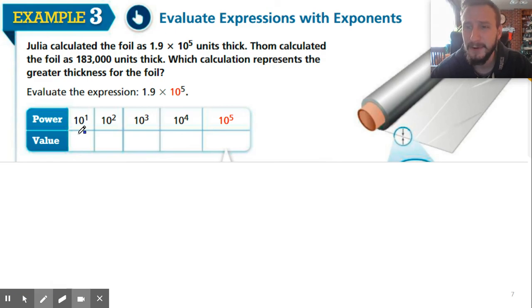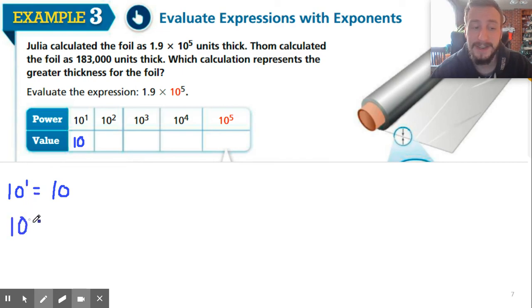Well, what's 10 to the 1st power? 10 to the power of 1 is just 10 multiplied by itself one time, so 10 to the 1st power is 10. Okay, so far so good. 10 to the 2nd power, written in expanded form, is 10 times 10. Well, what's 10 times 10? 100.